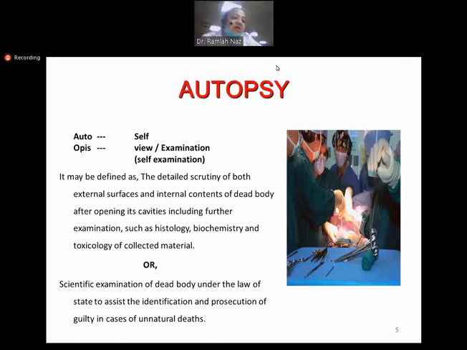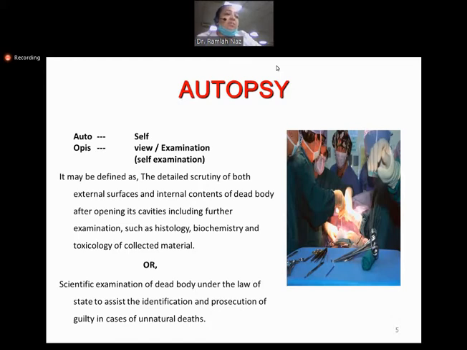Or you can define it as the detailed scrutiny of both the external surface and the internal contents of the dead body after opening its cavities, like the brain, thorax, and abdomen, including further examination while taking different samples for the purpose of histology, biochemistry, and toxicology. We collect the materials from that particular autopsy to evaluate whether foul play has been done.